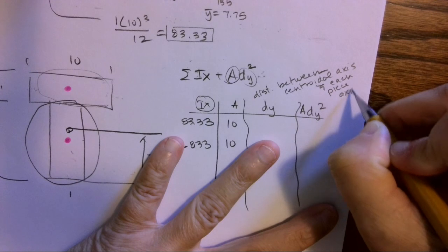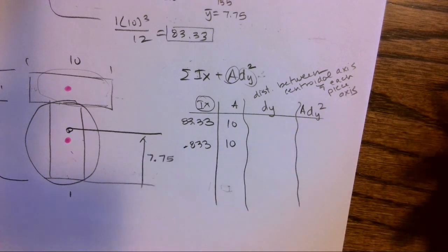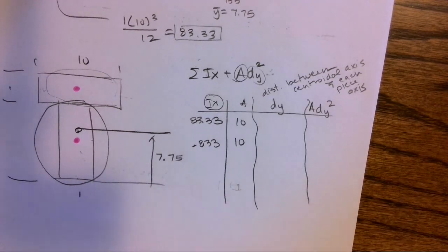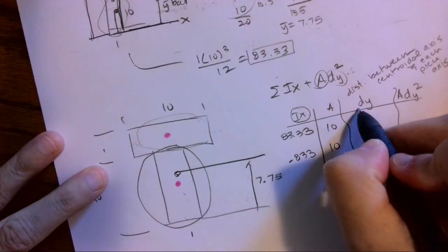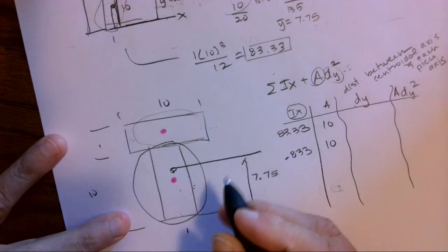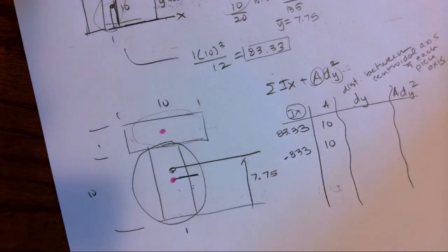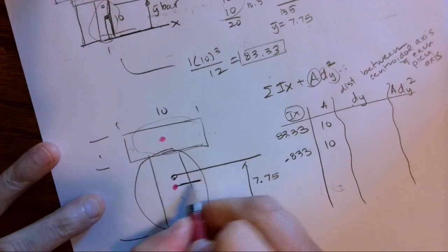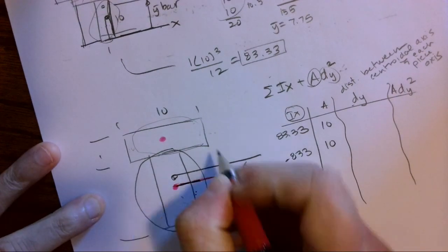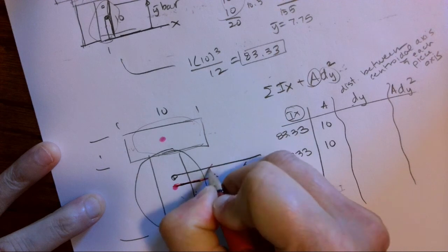Okay, so the easiest way for me to do this, let me find another pen here, do a different color, is d_y for this bottom piece. Okay, it's the distance from, let's do red, that's the distance from the centroidal axis to the centroid of my system.